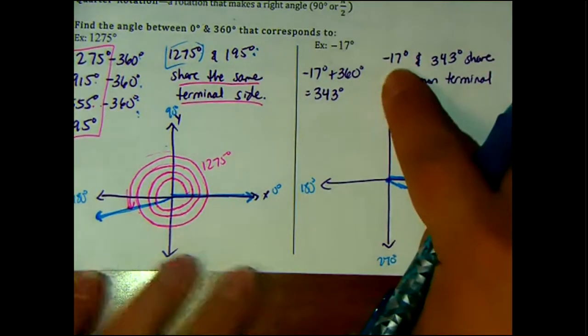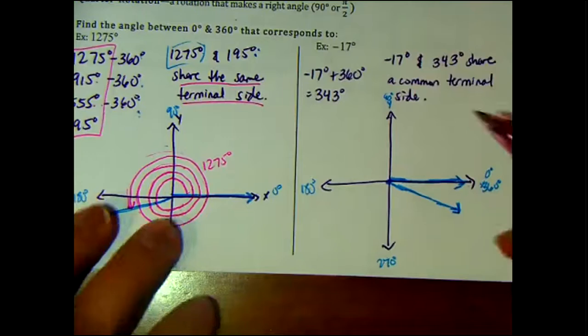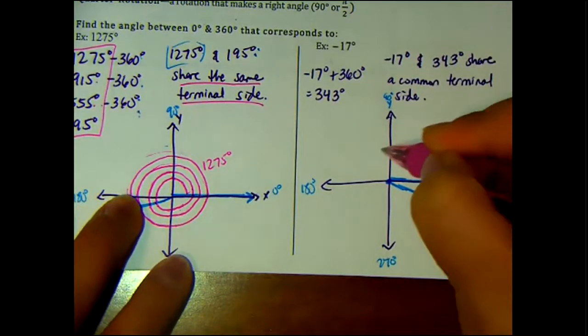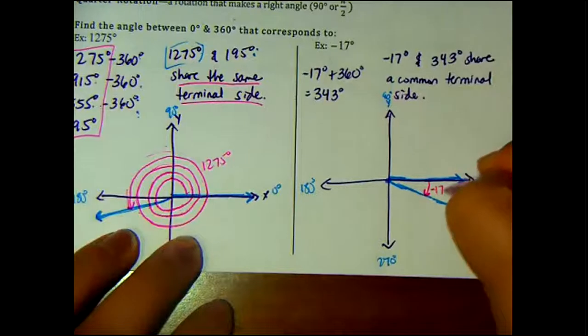Now, if I'm graphing negative 17 degrees, I would start at my initial side, and instead of going this way, my negative 17 degrees goes this way. So this is my negative 17 degrees.